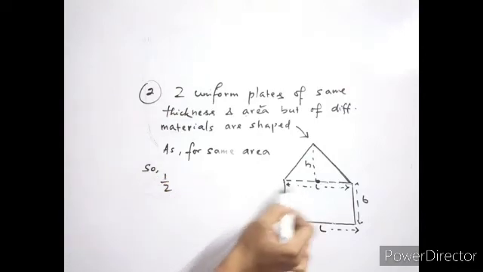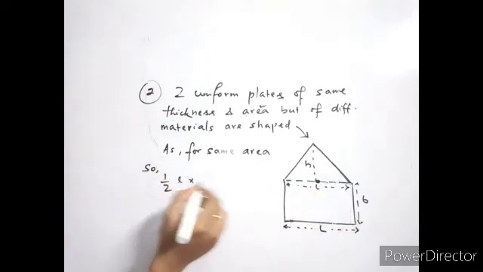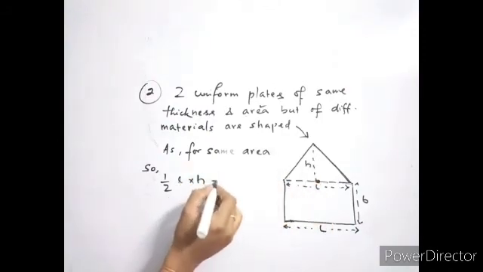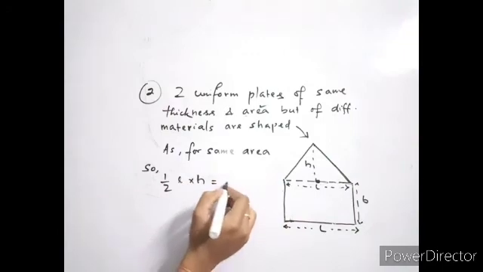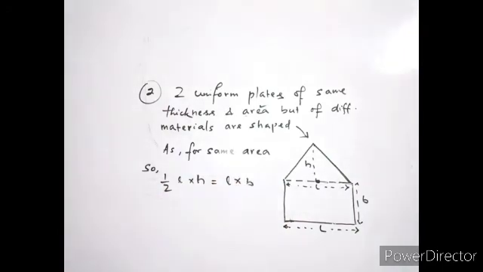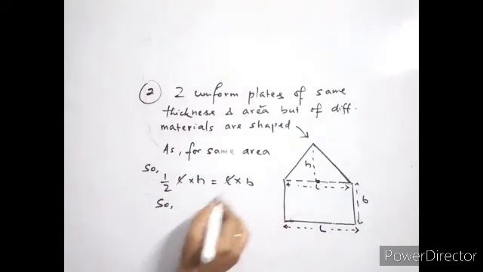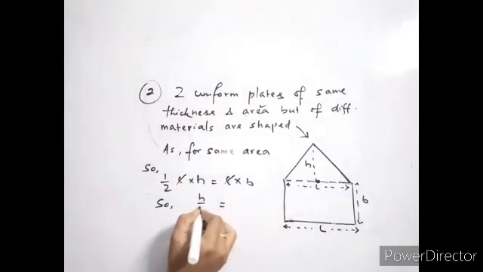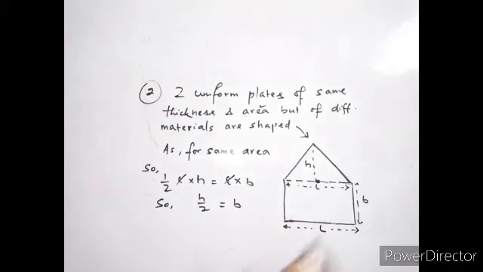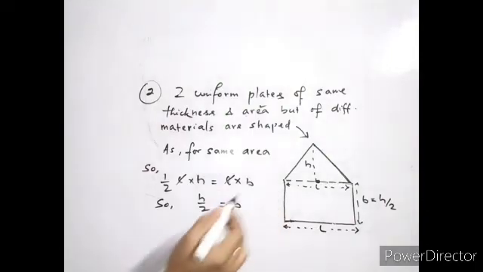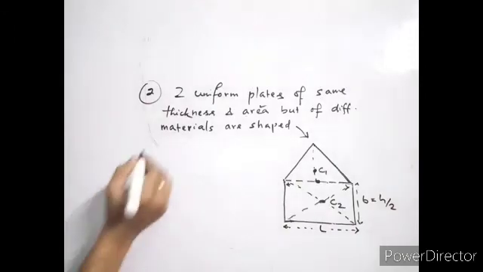The length of the common side is L. Now the area of the triangle is half of the base, and the base is the same as the length of the rectangle, so half of L times h, and that will be equal to the area of the rectangle, that is L into b. So L's cancel out on both sides, so we have the breadth of the rectangle equal to half the height of the triangle. Okay, so this is the relation between the dimensions given.